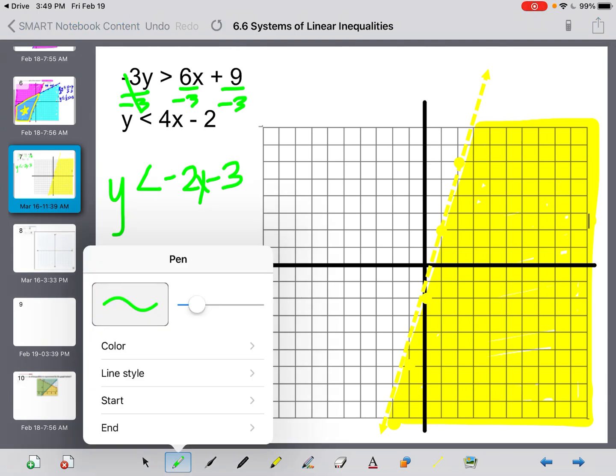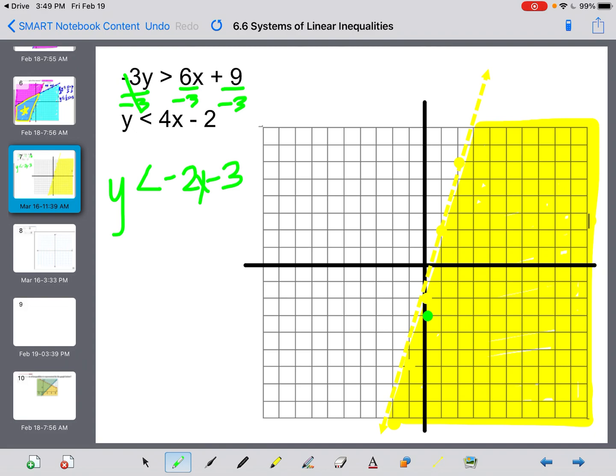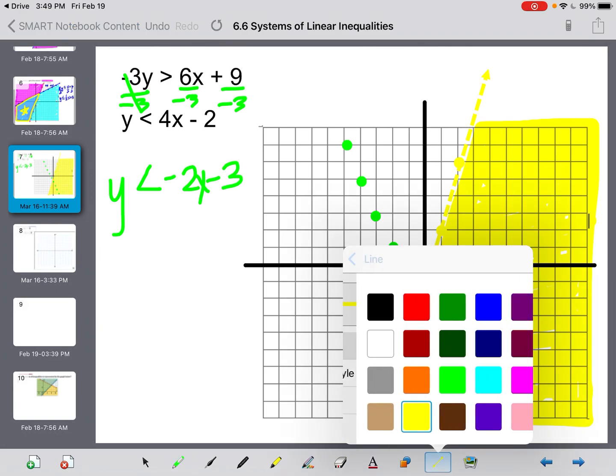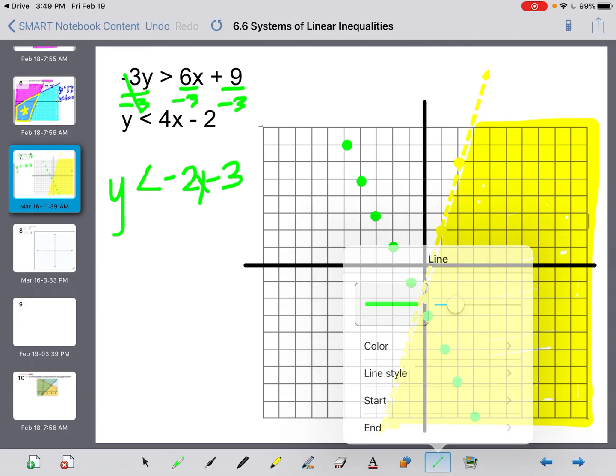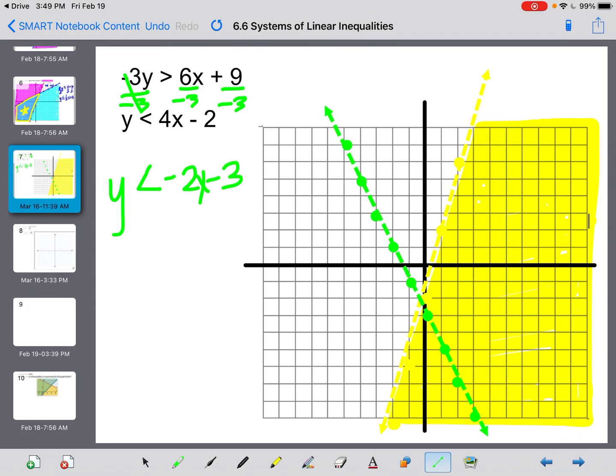Okay, so I'm going to start at -3. And I'm going to go down 2 to the right 1. And that one is going to be a dotted line as well. And that one is now shaded below.